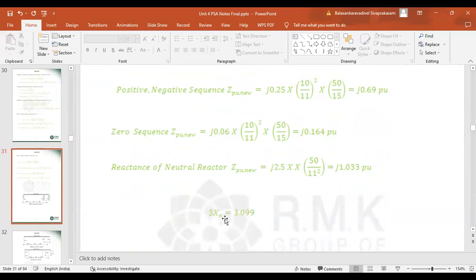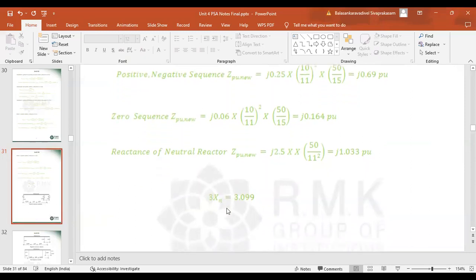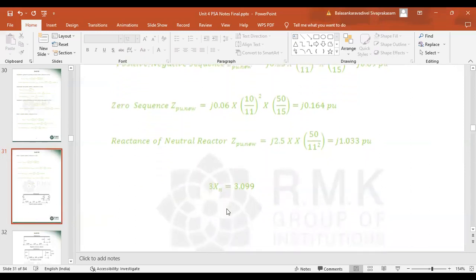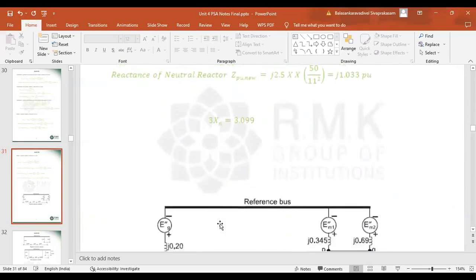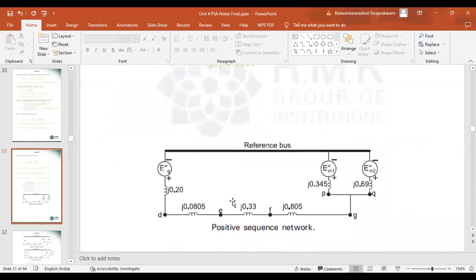Now, after calculating all the reactances, we need to draw the reactance diagram. That is positive sequence, negative sequence, and zero sequence. All three reactance diagrams we have to draw. While drawing the positive sequence network diagram, the generator and motor will be represented by a source along with its reactance. Only the motor and generator should be represented by the source and its reactance. All the remaining components like transmission line and transformers will be represented only by their reactance.